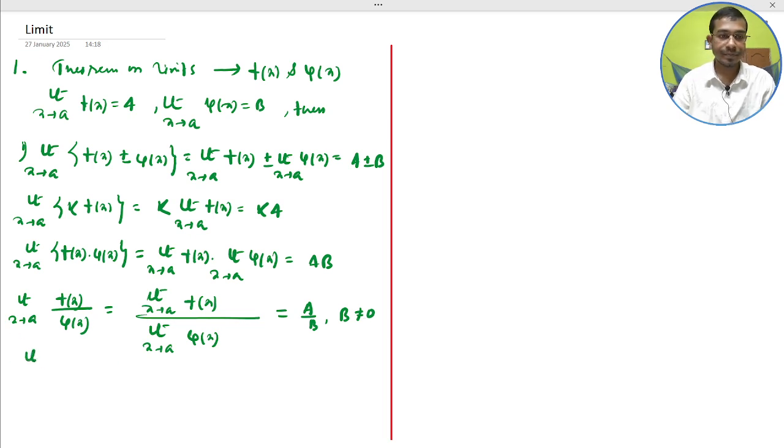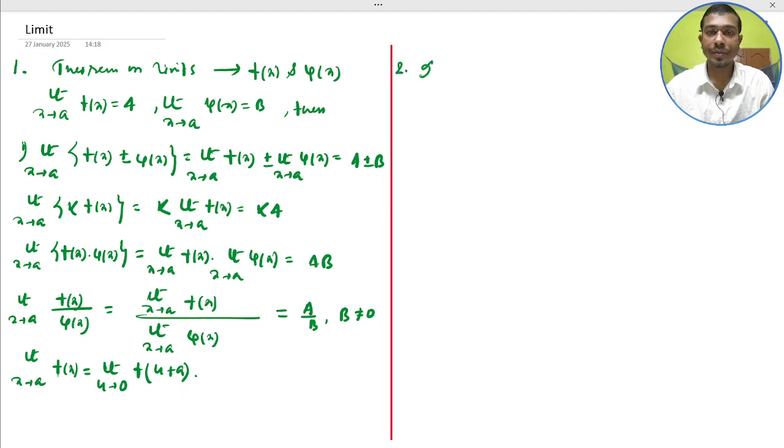Next, limit x tends to a f(x) is equal to limit h tends to 0 of f(h plus a). This is the following theorem, and now the important formulas in the limit.